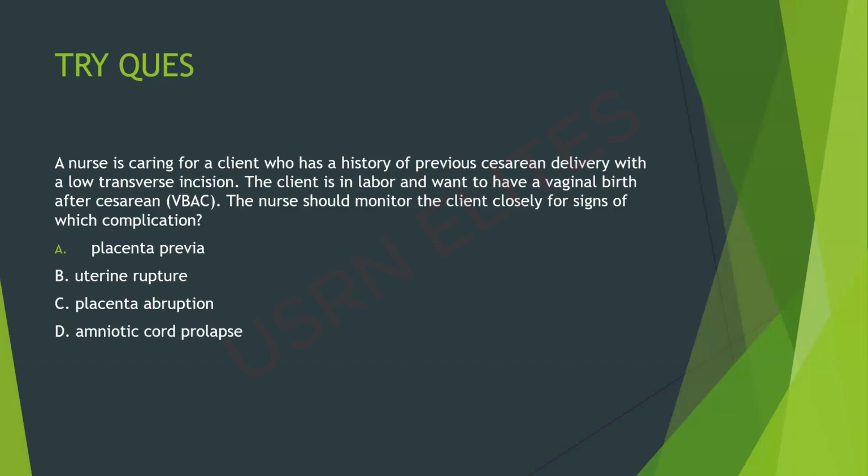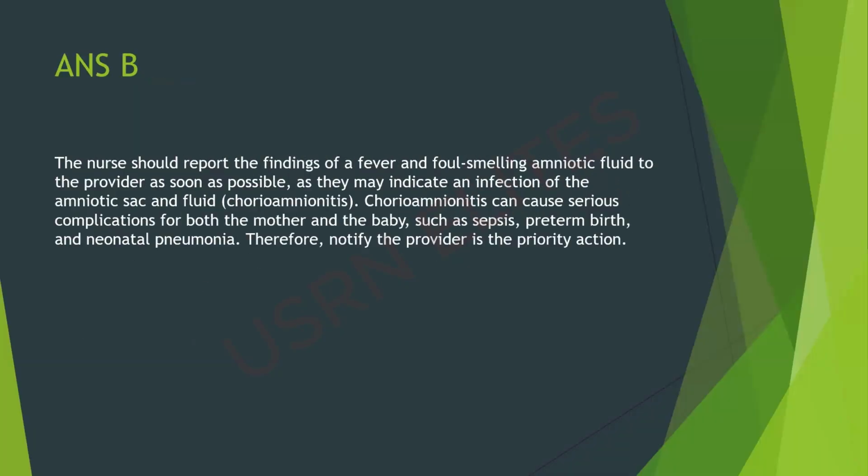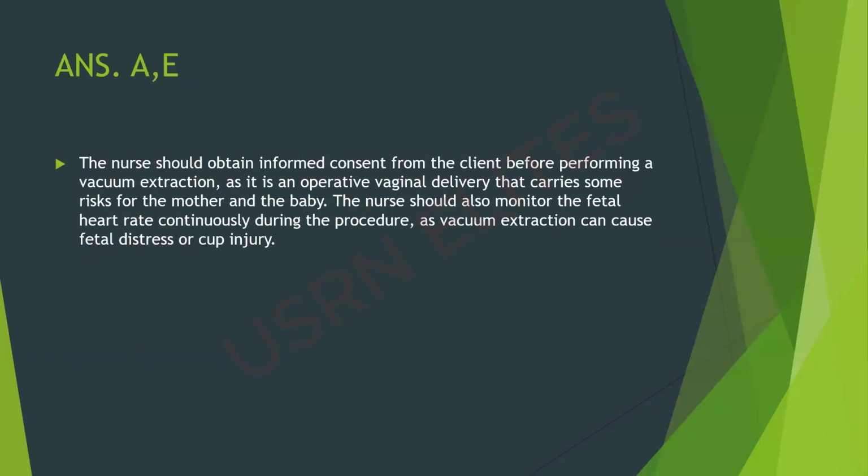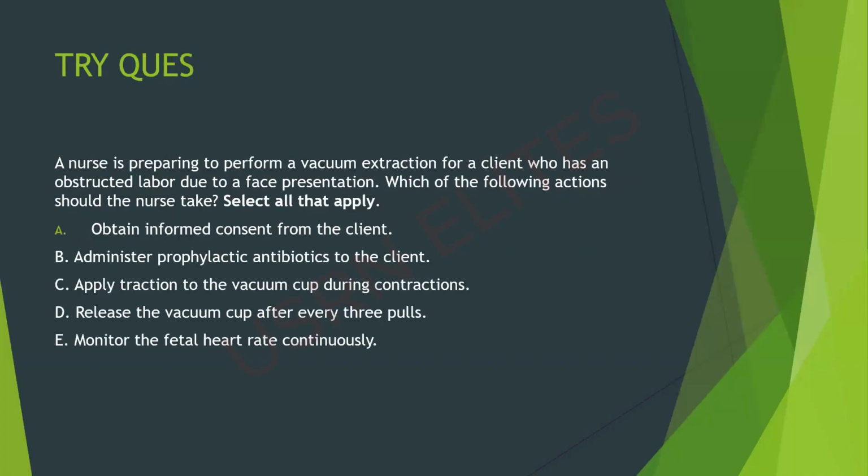Yes, please, what is the question? It's asking about D, releasing the vacuum cap after every 3 pulls. Is that not it? That is correct, provided the baby is presenting with the vertex, actually the head.